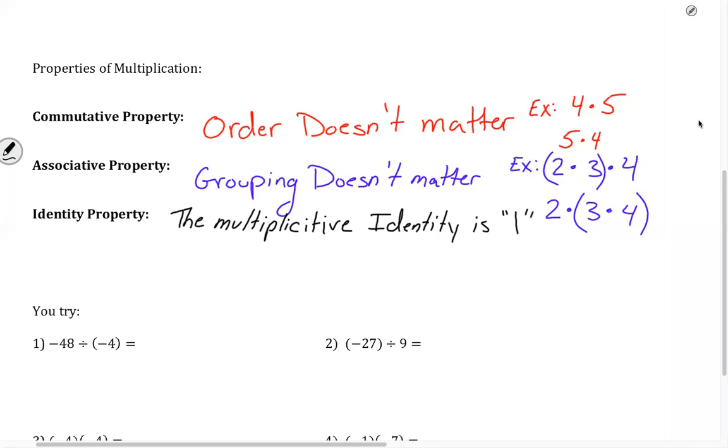So the multiplicative identity is 1, meaning whenever I multiply something by 1, I get back that thing. All right, so real quick, you guys got 4 problems at the page. On the page, why don't you guys do that? 1, 2, 3, 4. I'll give you 30 seconds.